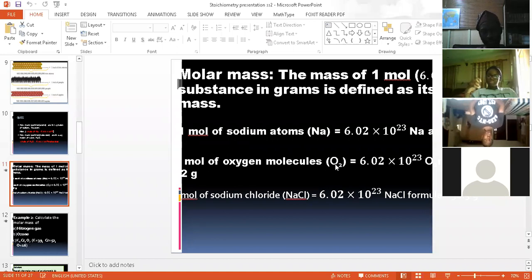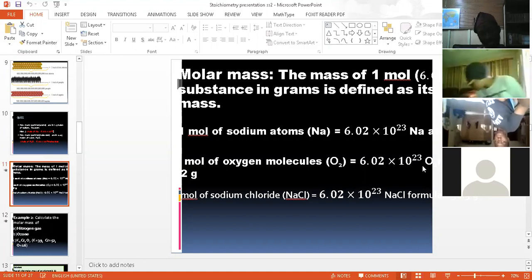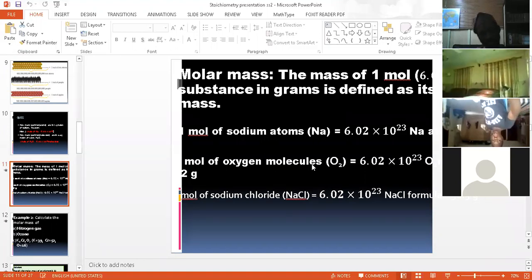In an oxygen molecule you have 2 atoms of oxygen, and an atom of oxygen has a relative atomic mass of 16. So you multiply the atomic mass of 16 by 2 to get the molecular mass. The molecular mass of oxygen in grams will be the molar mass of 1 mole of oxygen molecule.